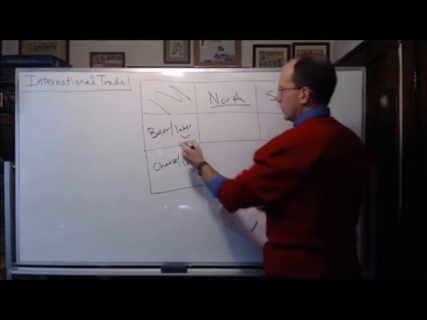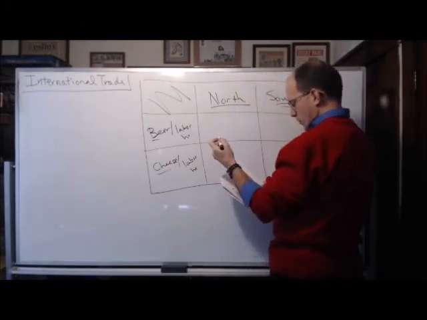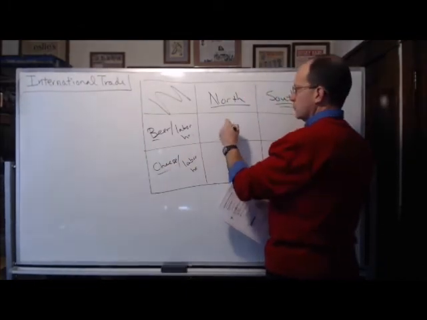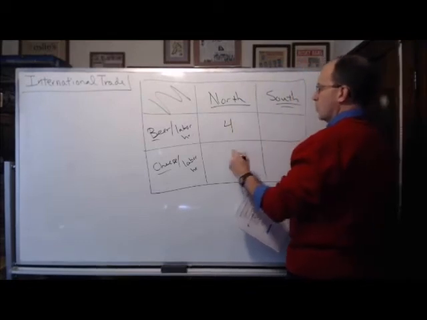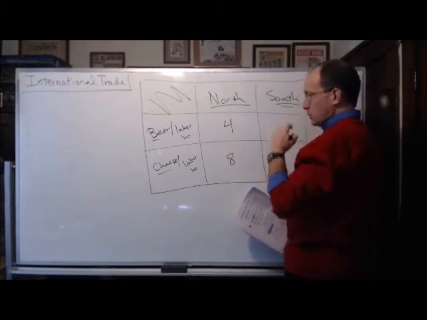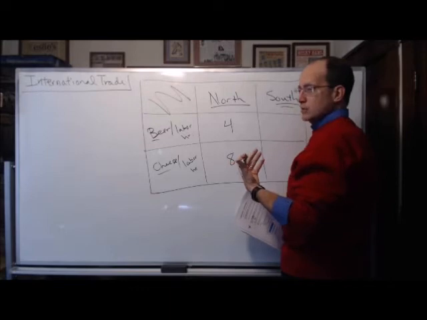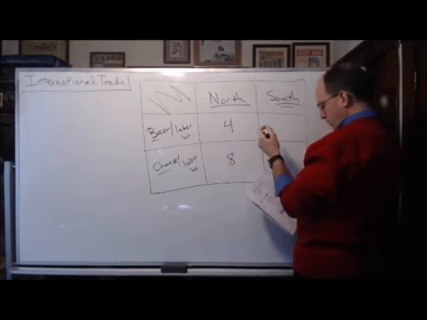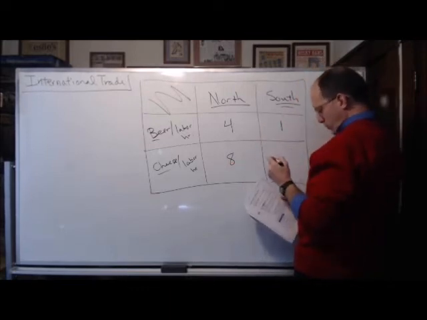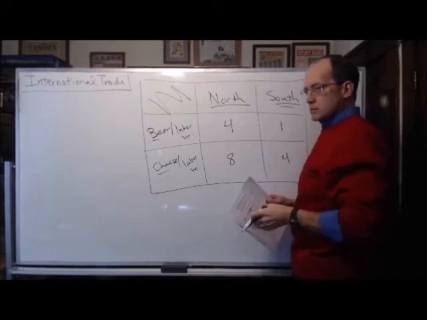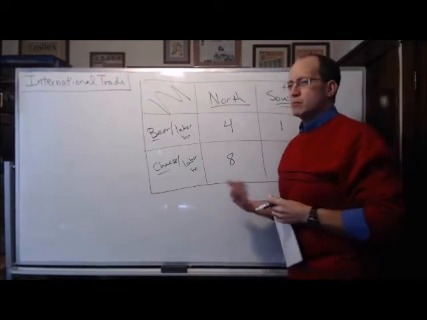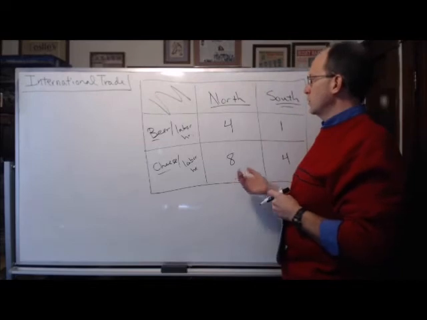And here are the numbers. So beer, cheese, North and South. In the North, with 1 hour of labor, they could produce 4 units of beer. Or with that unit of labor, they could produce 8 units of cheese. And in the South, with 1 hour of labor, they could produce 1 beer, or they could produce 4 units of cheese.